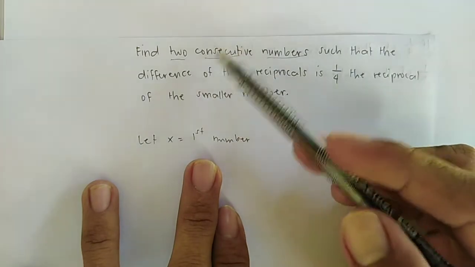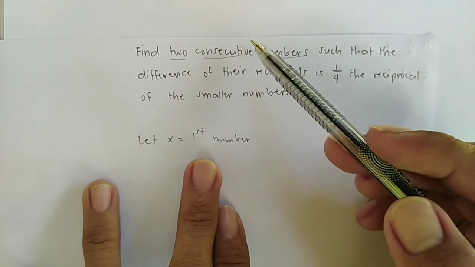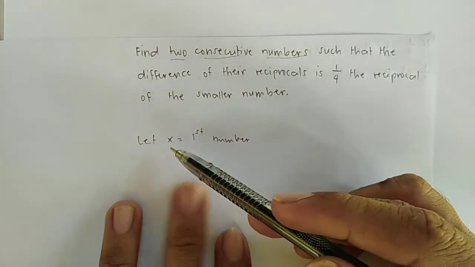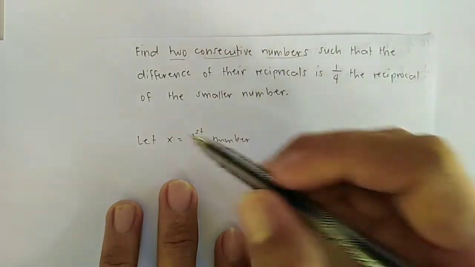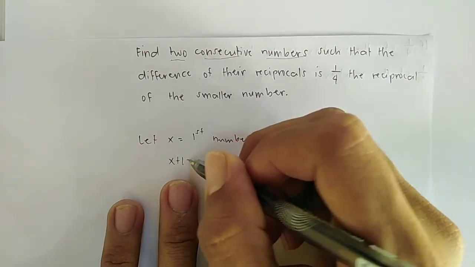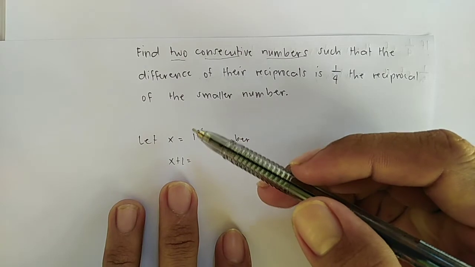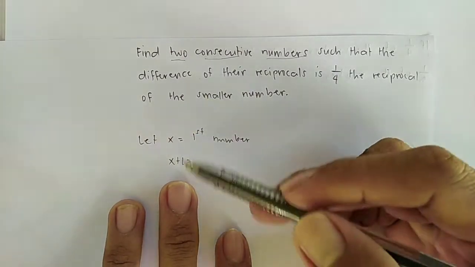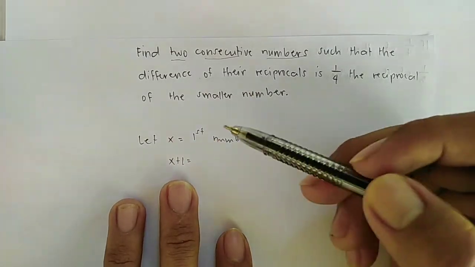And notice that, considering that they are consecutive, the second number will be obtained by simply adding 1 to the first number. So meaning to say, the second number will be x plus 1, because for every consecutive number, the second number can only be obtained by simply adding 1 to the first number.